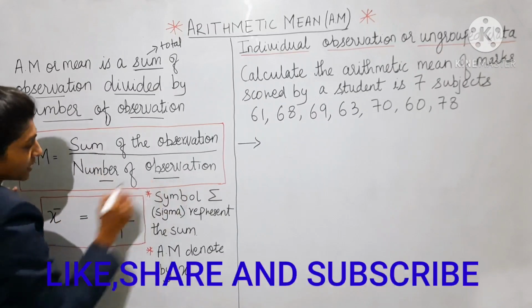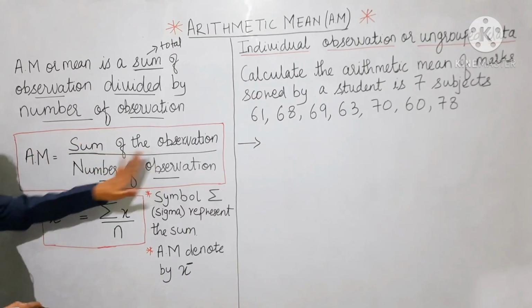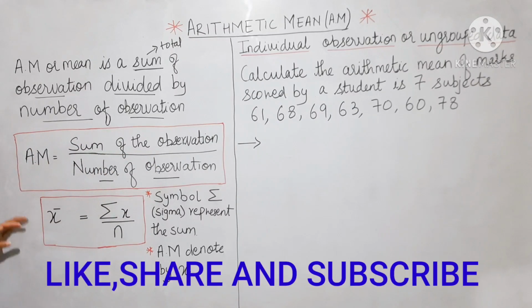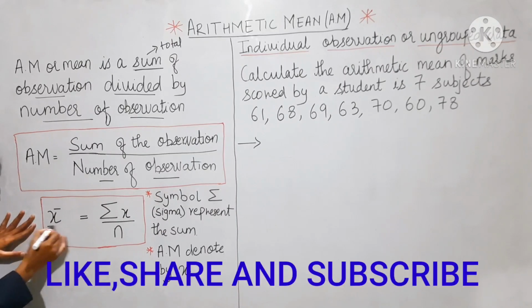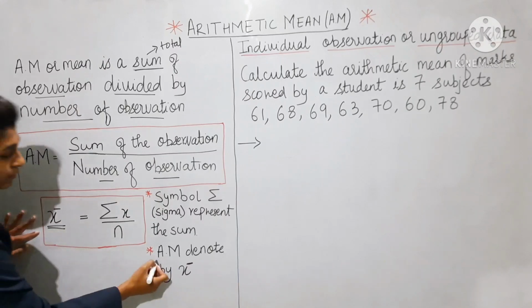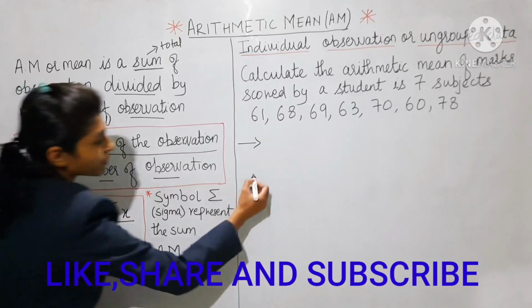If we put this into symbols, x bar means arithmetic mean. AM is denoted by x bar.